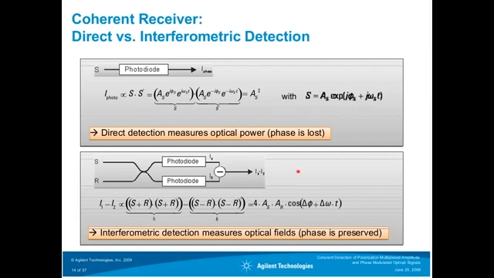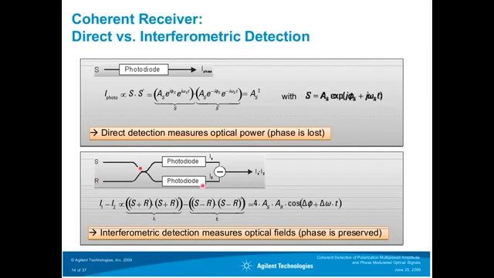If you do interferometric detection, then you have a signal and a reference signal. You mix them using a 3 dB coupler, and then there are two photodiodes. On one photodiode you measure S plus R, signal plus reference signal, times S plus R complex conjugate.